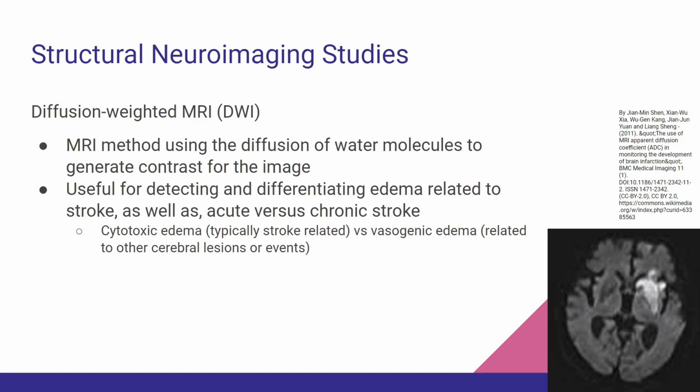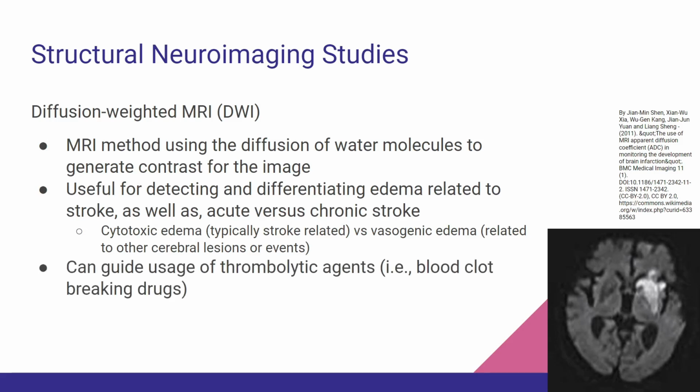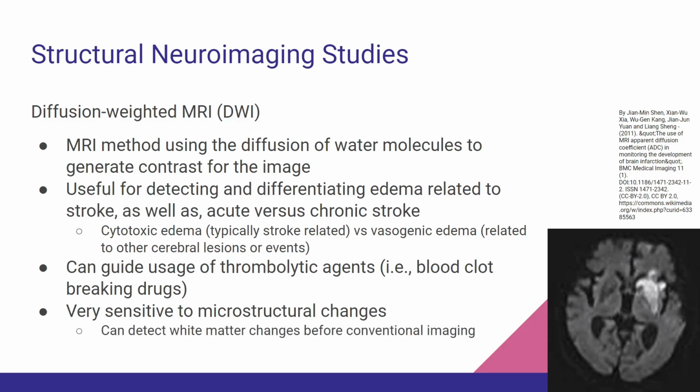One is cytotoxic edema, which is typically stroke-related, and the other is vasogenic edema, which is related to other types of cerebral lesions or events. Diffusion-weighted imaging can also be useful for determining whether to use thrombolytic agents, which are blood clot-breaking drugs, and it's very sensitive to microstructural changes within the brain. So you can typically detect white matter changes with diffusion-weighted imaging before conventional imaging.